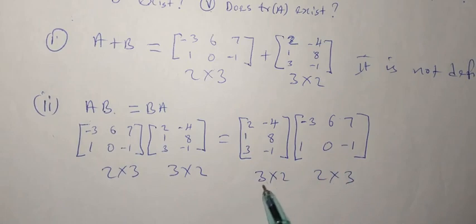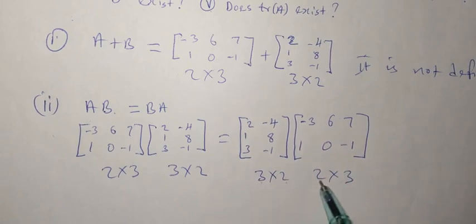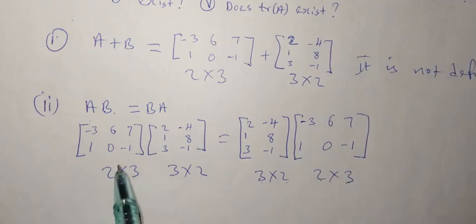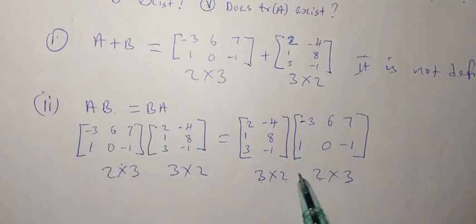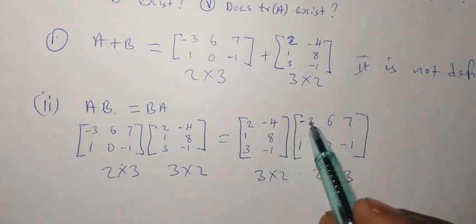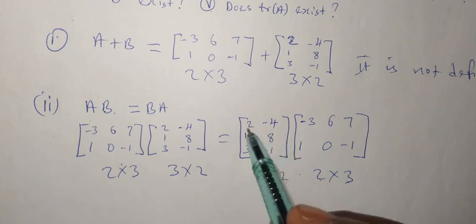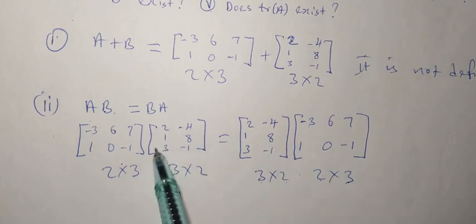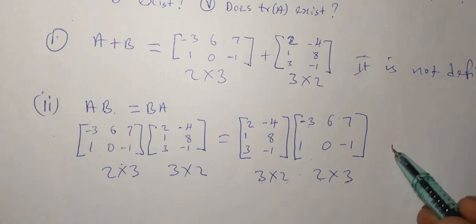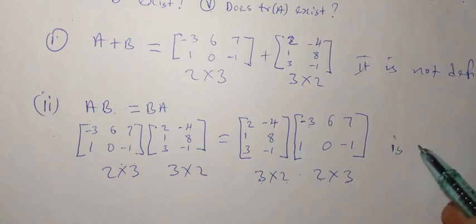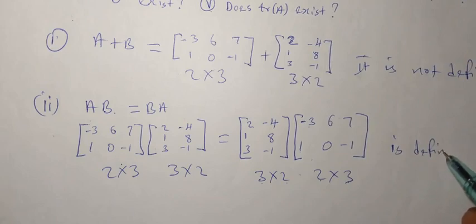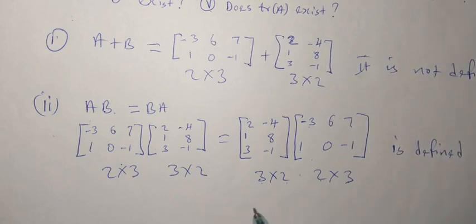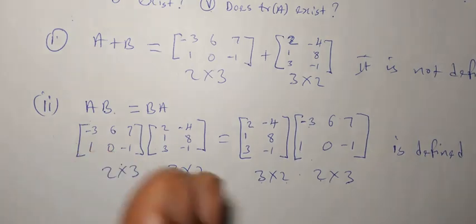If you check, this is a 3 by 2 matrix and this is a 2 by 3 matrix, so both the left and the right hand side are defined because the order of these matrices allows multiplication.